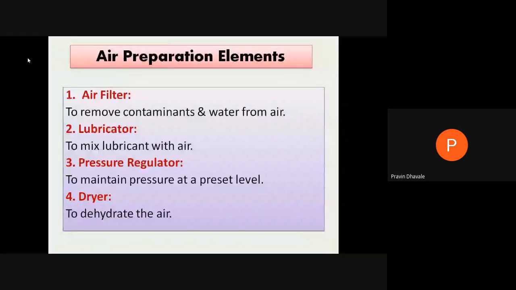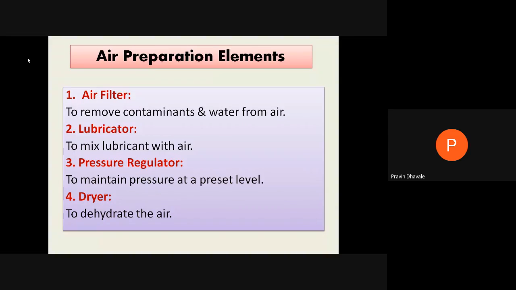Now, the second part of the chapter is related to the FRL unit, right? It mainly comes under the category of air preparation elements. Whatever air we have to supply to the pneumatic system, it must be clean enough. It must have a preset pressure.